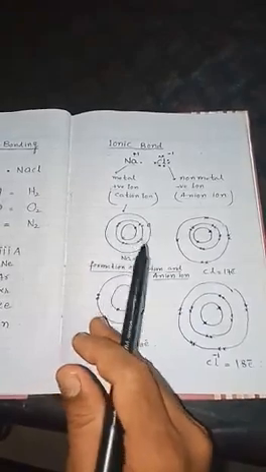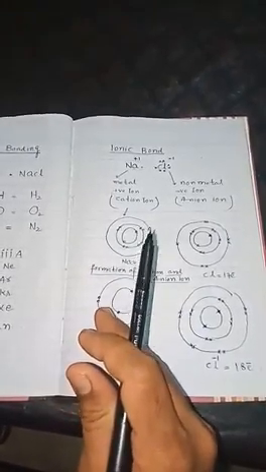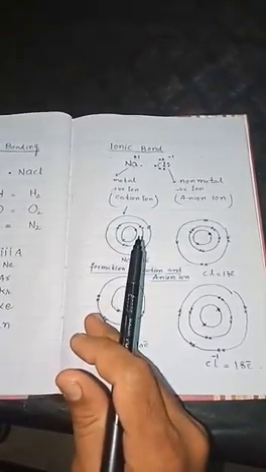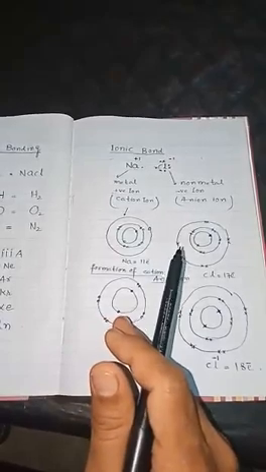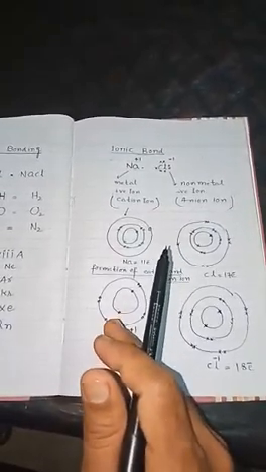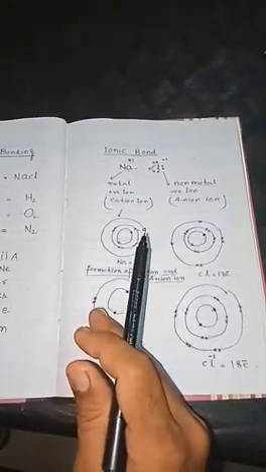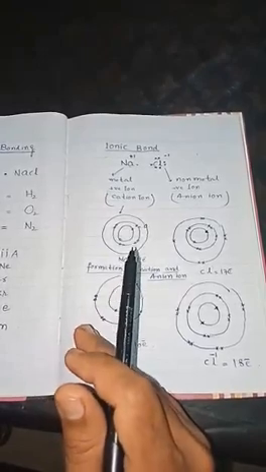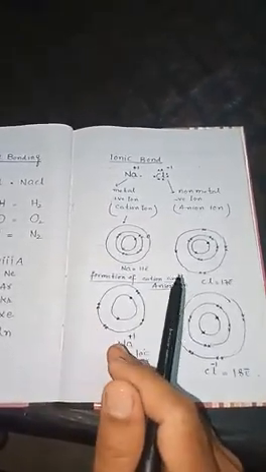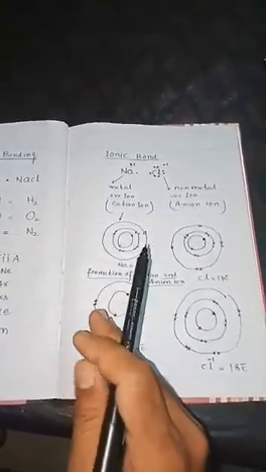Now in the valence shell of sodium there is only 1 electron, and sodium has the ability to lose electron, means sodium can lose electron, and chlorine is a totally non-metal, it has the ability to gain electron. So we see here, now sodium also wants to get 8 electrons in its valence shell, and chlorine also wants to get 8 electrons in its valence shell.